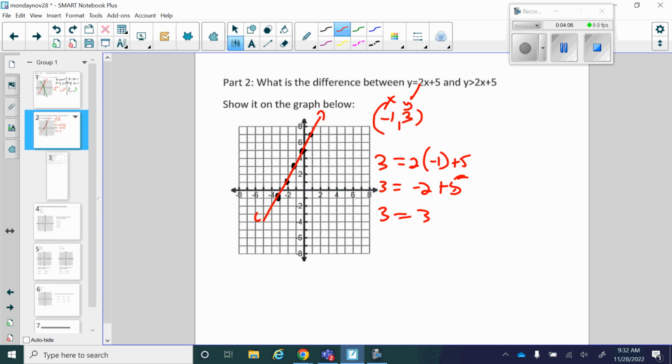That's correct. So again, all the solutions are on the line.